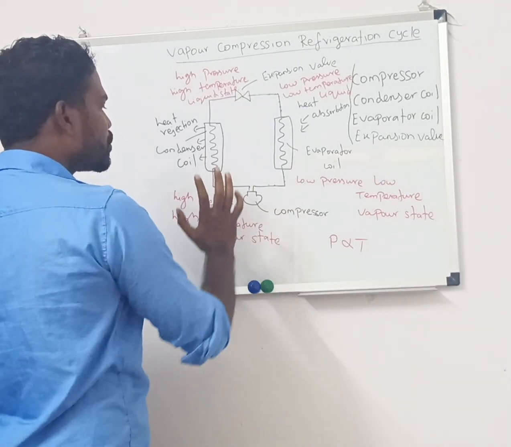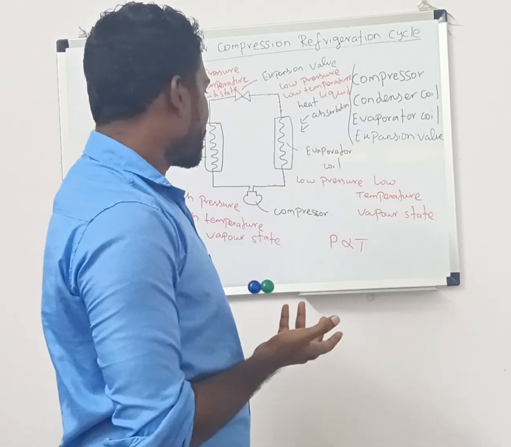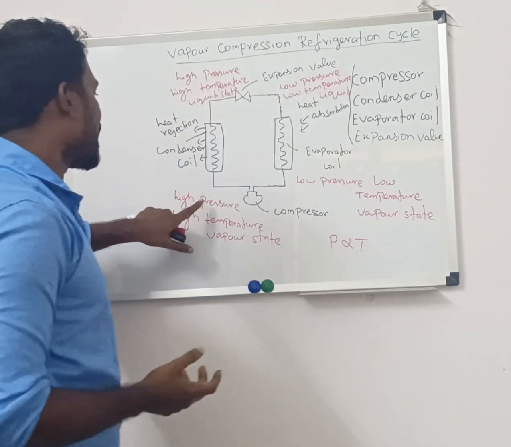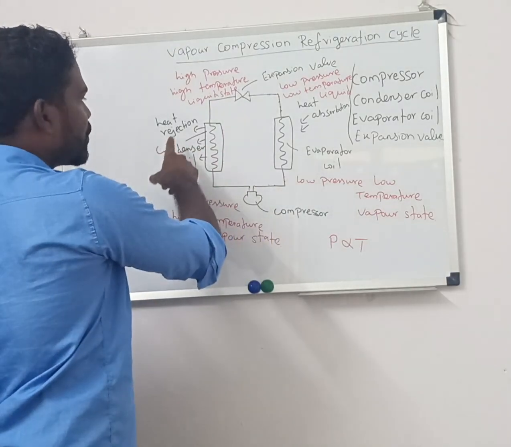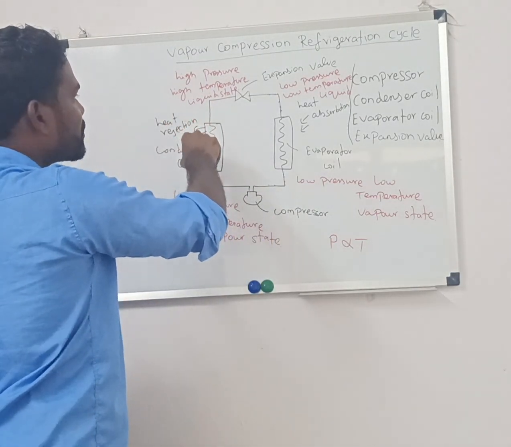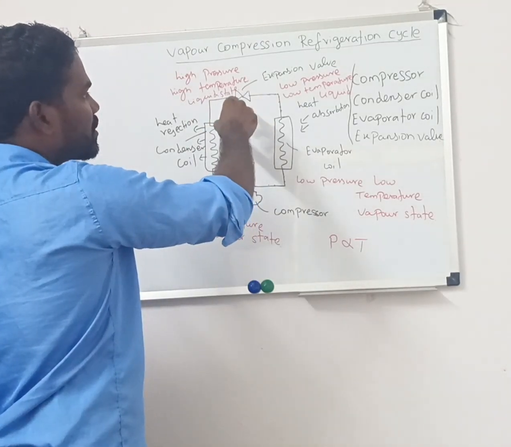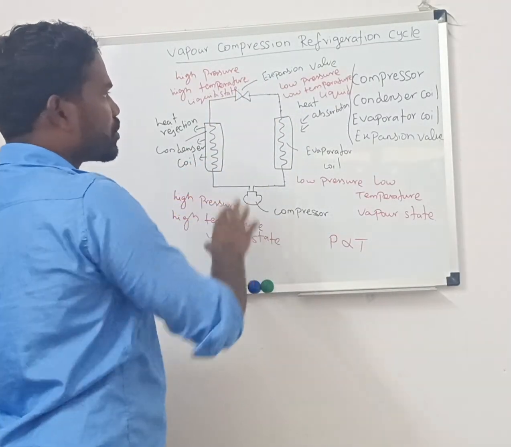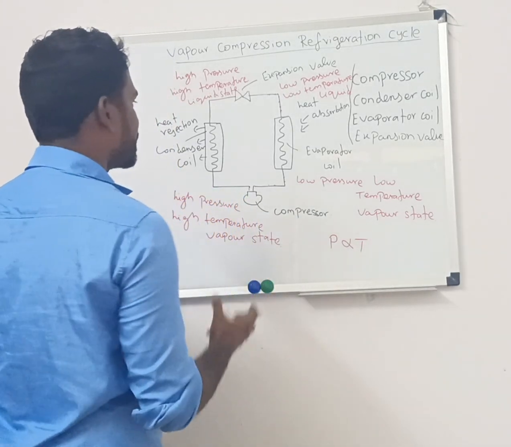Again the compressor compresses the vapor into high pressure, high temperature vapor state. Again in the condenser coil heat rejection occurs, and then it crosses over the expansion valve. This cycle continues.